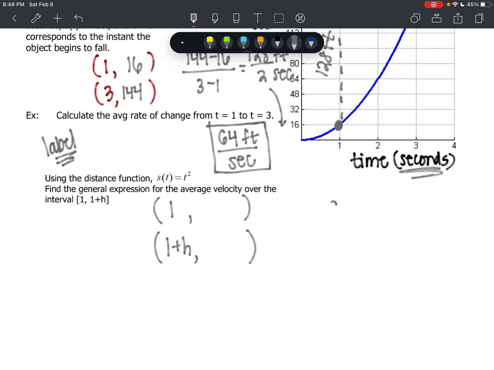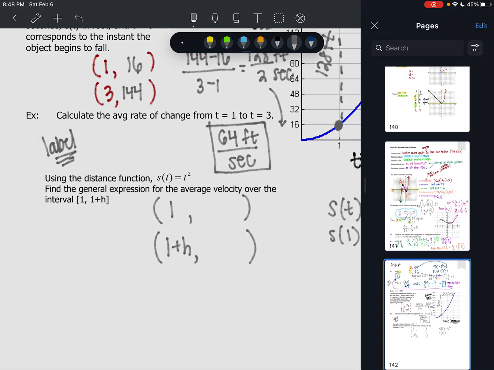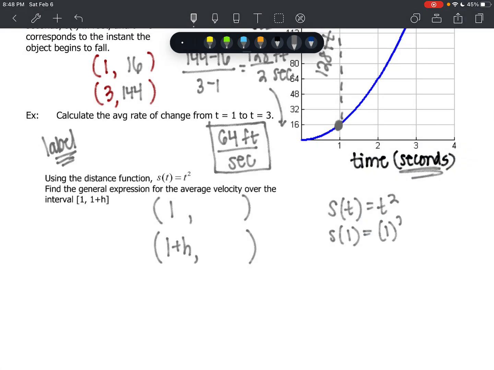So when I put a 1 into s of t equals t squared, when I put a 1 in for t, I get a 1 out, right? 1 squared is 1. So (1, 1) is one of our ordered pairs. And then 1 plus h is the end of the interval, so that's the x value.